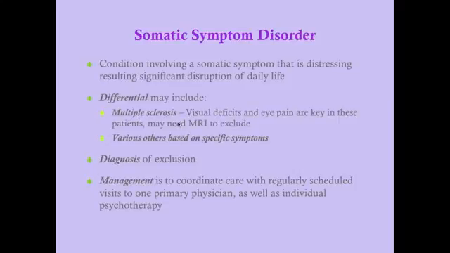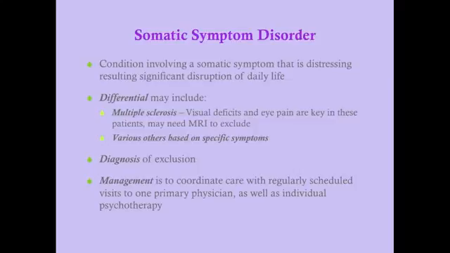Multiple sclerosis can manifest in various neurologic symptoms, and neurologic symptoms tend to be what the patient complains of when they come in with somatic symptom disorder. It doesn't have to be, but because multiple sclerosis can cause a constellation of seemingly otherwise unrelated neurologic symptoms, it's something that you may want to consider when you have a patient with a constellation of neurologic symptoms.